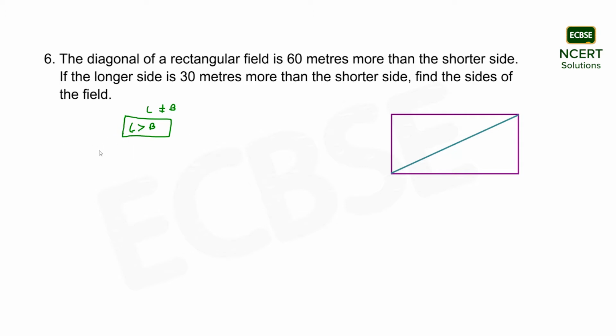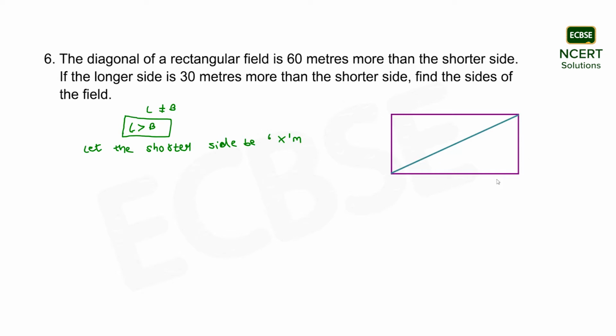So if length is greater than breadth, I let the shorter side be x meters. According to my assumption, the shorter side will be the breadth, so I am assuming the breadth is x meters.